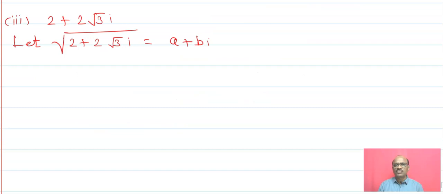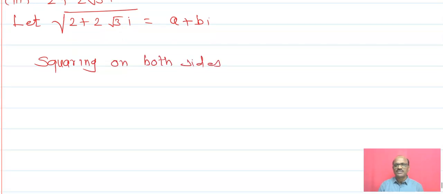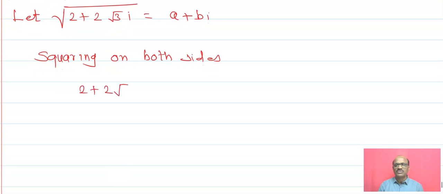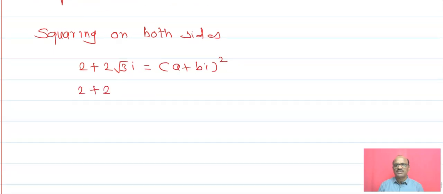Now next is 2 plus 2 root 3i, that is, root of 2 plus 2 root 3i is equal to a plus bi. Squaring on both sides, 2 plus 2 root 3i is equal to (a plus bi) whole square.